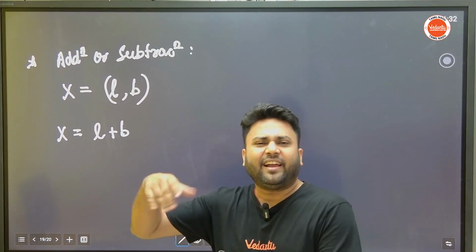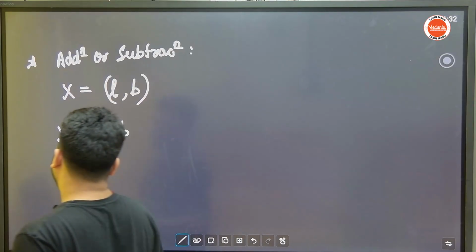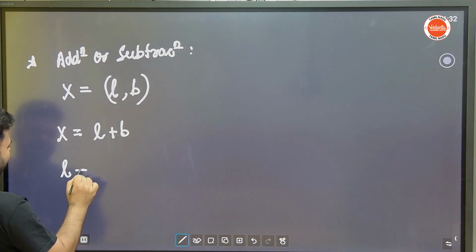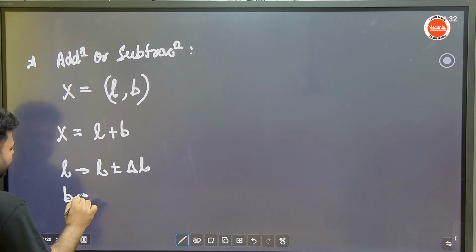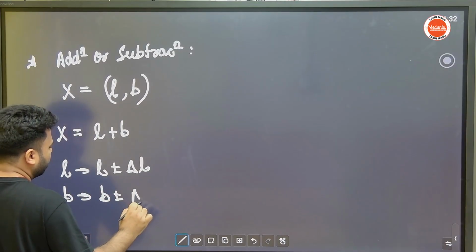Similarly, we can't say the exact breadth. So length can be written as length plus minus delta L. Similarly, breadth can be written as breadth plus minus delta B.